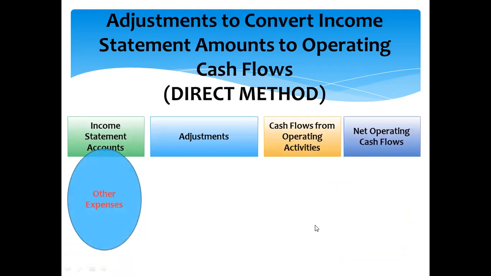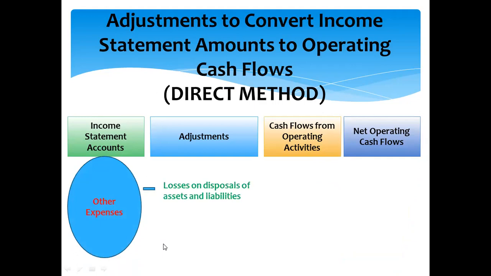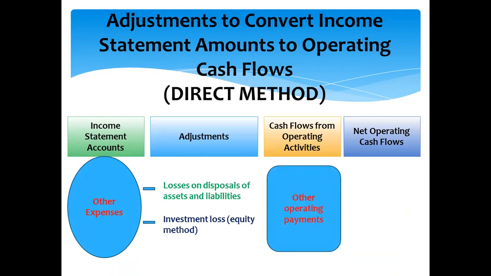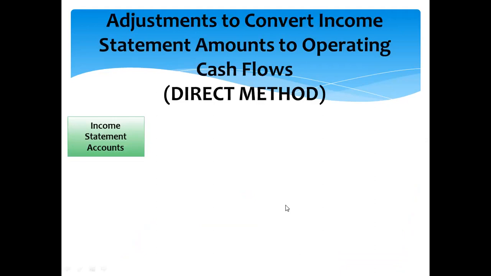Okay. So for the other expenses account, you deduct if there's losses on disposals of assets and liabilities, and also deduct if there's investment loss. So that's other operating payments. So the net operating cash flows is cash outflows from operating activities.